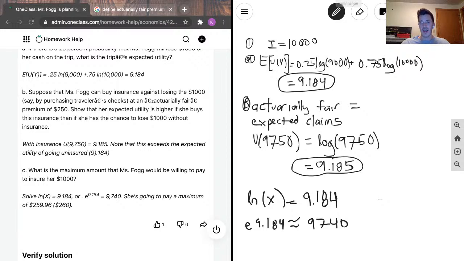If the income is 10,000, income minus that 9,740 is going to give us $260.